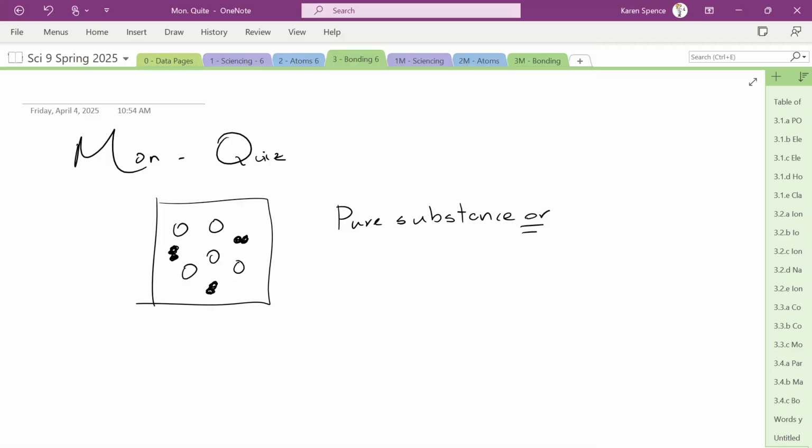So on our quiz on Monday, you should be able to tell me from a picture, is it a pure substance or is it a mixture? And if it is a pure substance, what are the two possibilities if it's pure? Element or compound.